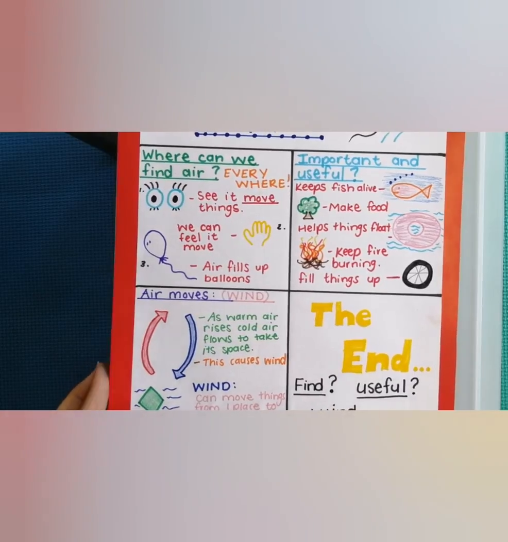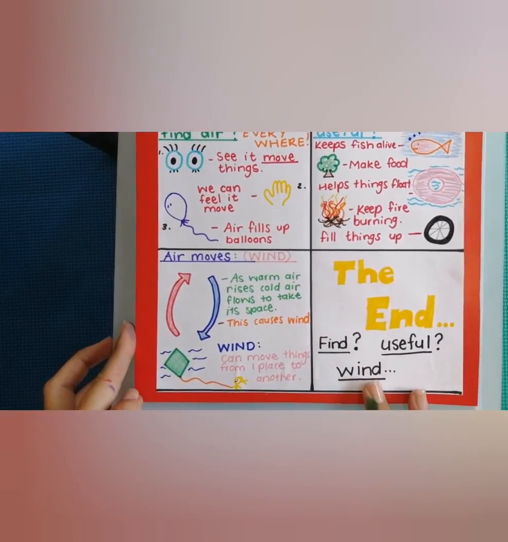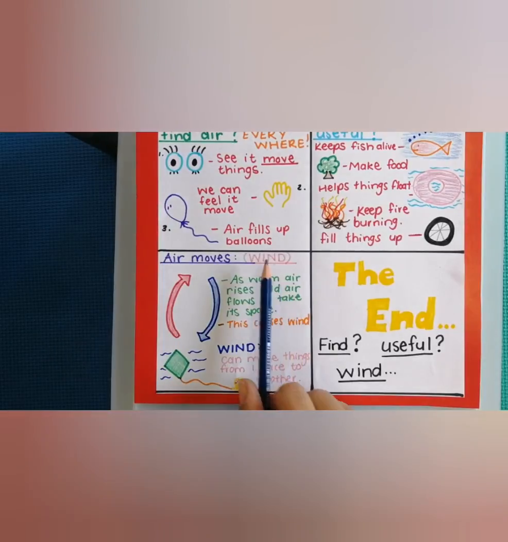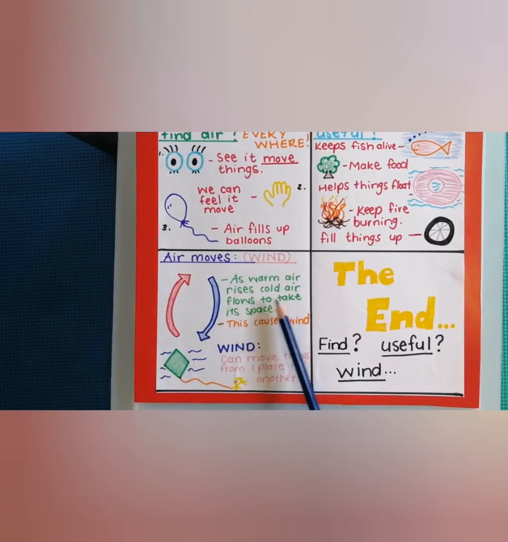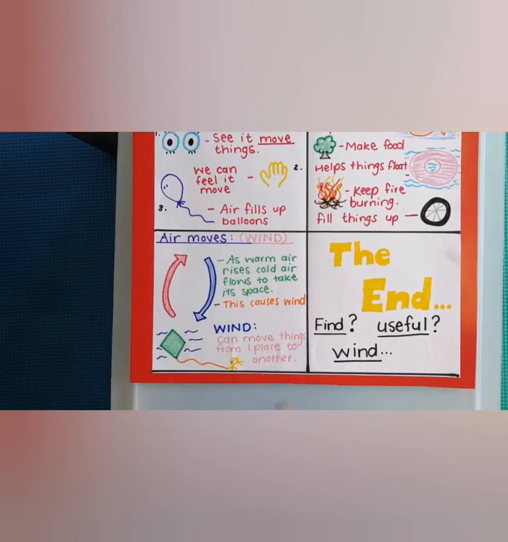And lastly, we learned about how air moves. The movement of air is called wind, and we know that wind is created by hot air rising and cool air that flows to take up its space. That's what causes wind. And what does wind do?